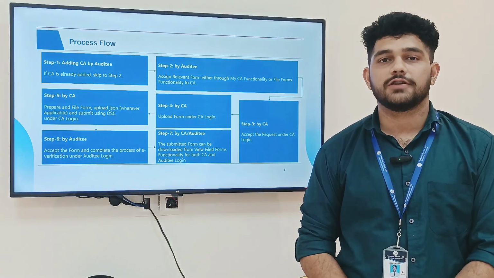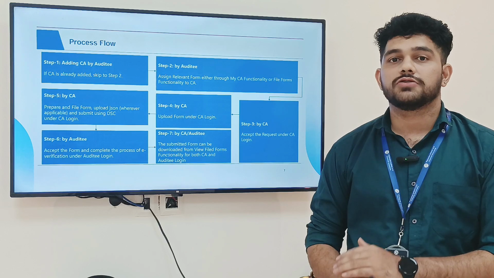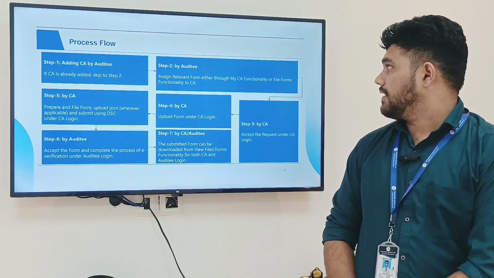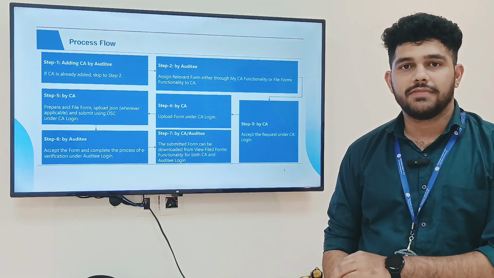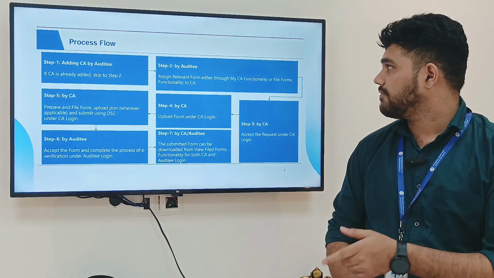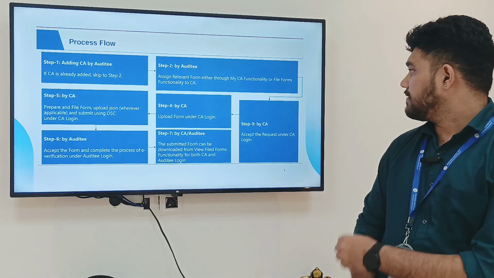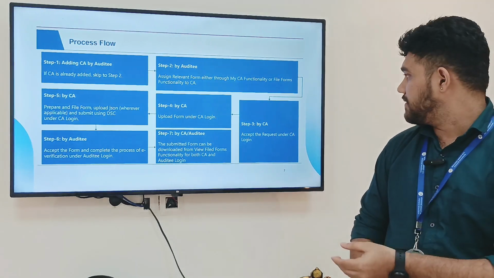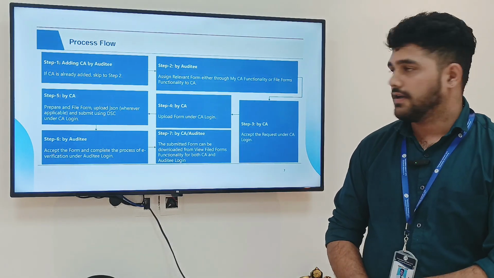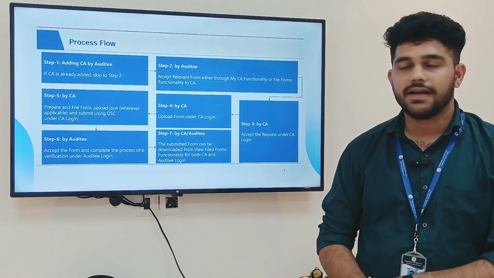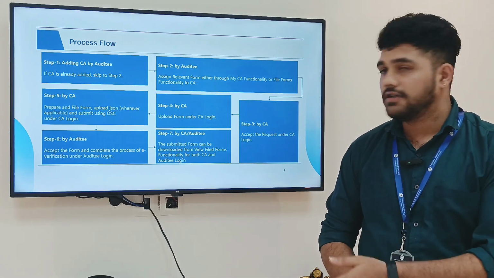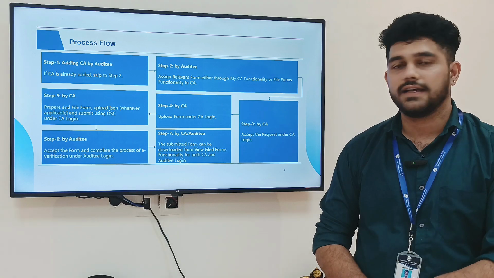Now we speak about the process flow. First, the auditee should assign a CA by logging into their income tax portal. Then assign the relevant form, that is Form 10B or 10BB, through the My CA functionality or the Find Form functionality. Then the CA should accept the request under CA login and upload the form. Then the chartered accountant should prepare and file the form, upload JSON wherever applicable and submit using DSC under CA login.